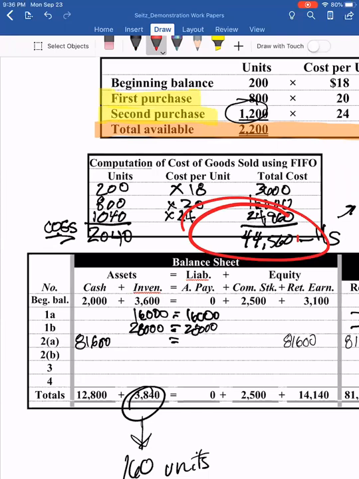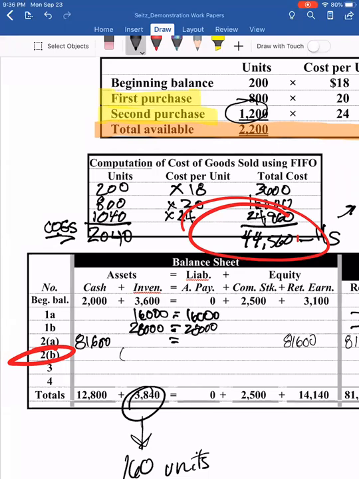Now, I'm not going to go through this horizontal analysis for each and every one, but this is right here on 2B. This calculation, every time I do it, this is where that calculation is going to change those financial statements. So up until now, everything would be the same no matter which cost flow assumption you use. But this is where it particularly changes.